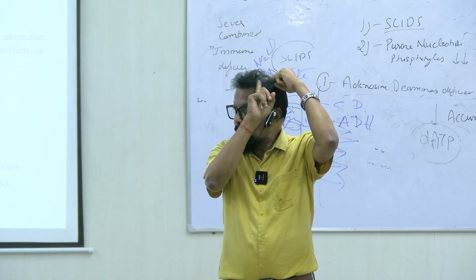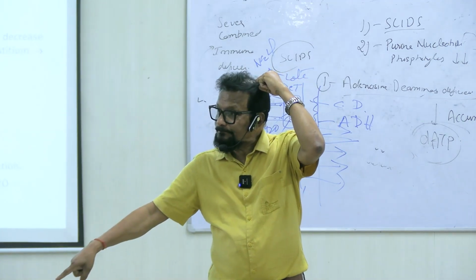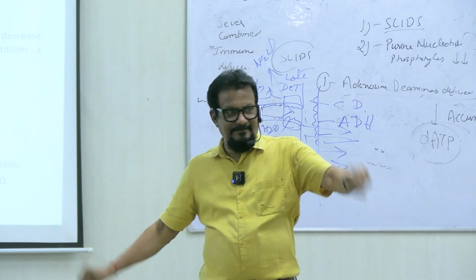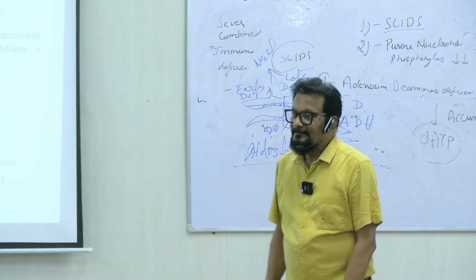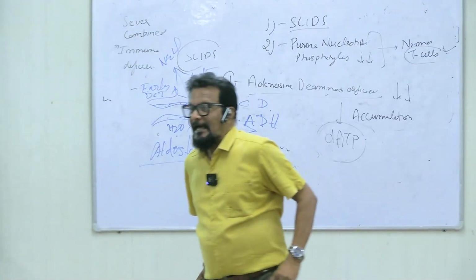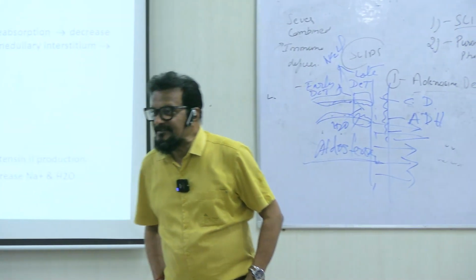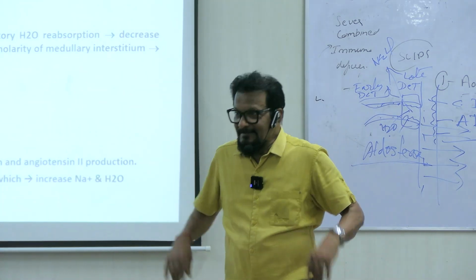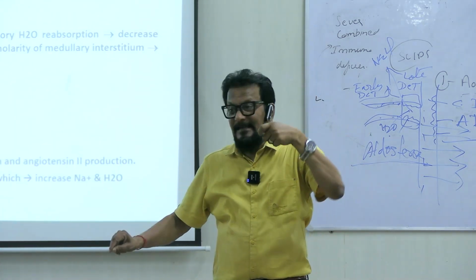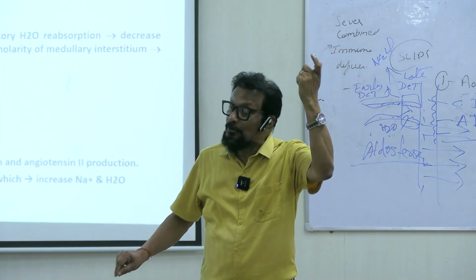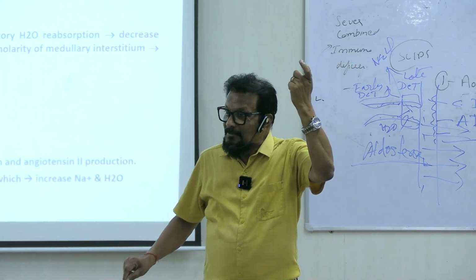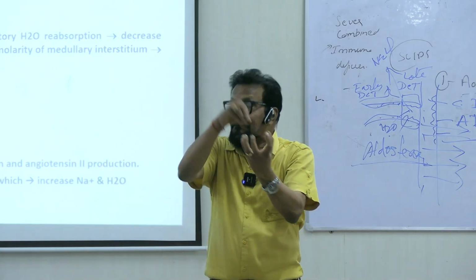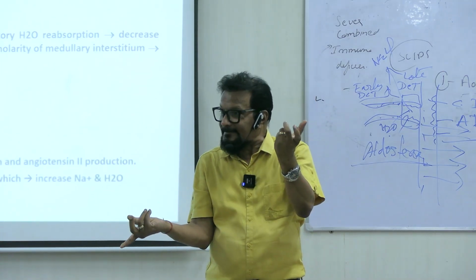And how will the stimulation come to the posterior pituitary? Through a neural tract. Do you know the tract? The hypothalamo-hypophyseal tract. Since this is a neural tract, its cell body is in the hypothalamus, in the supraoptic and paraventricular nuclei. This nucleus, the cell body, prepares the hormone ADH.